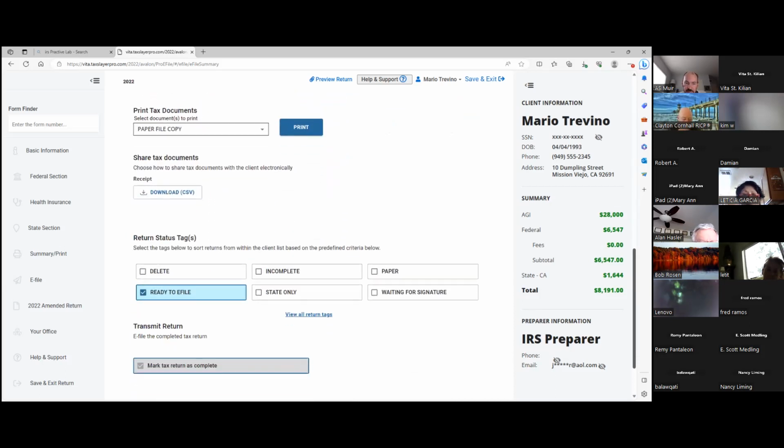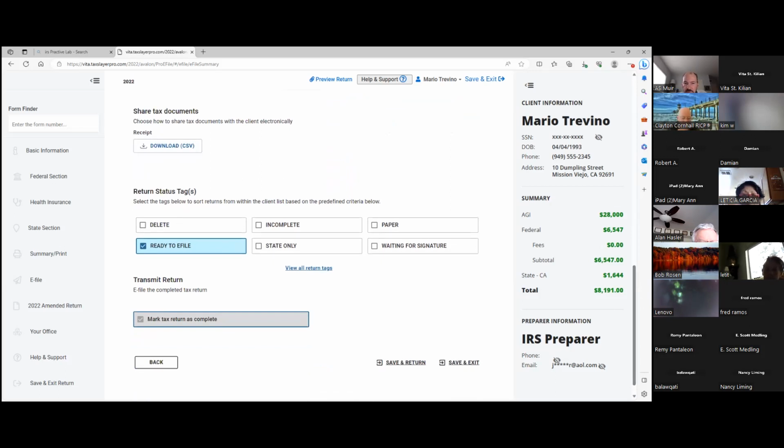And down here, and this is something we go through in finishing the return, you're going to indicate the return is ready for review, and then you're going to indicate the return is ready to e-file. Your electronic return originator is only going to give certain individuals permission to transmit the return. I've made that mistake probably a dozen times where I gave too many people permission to transmit.